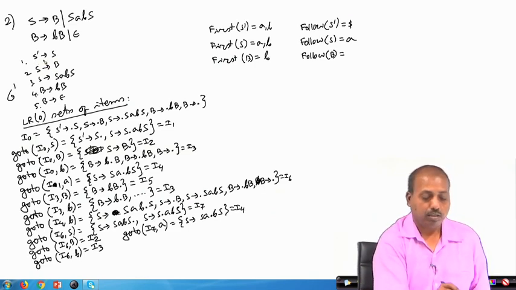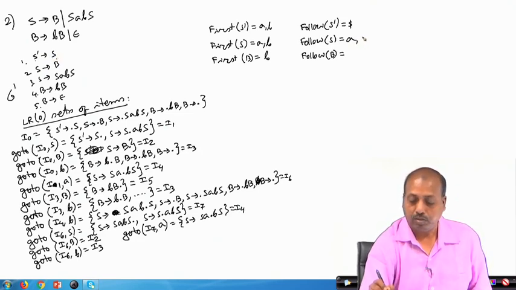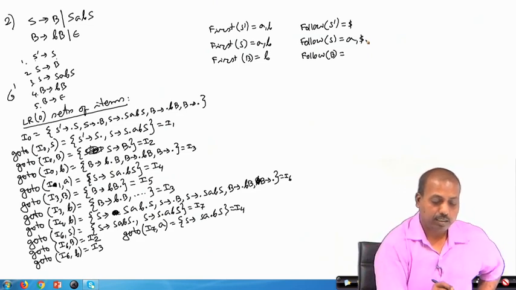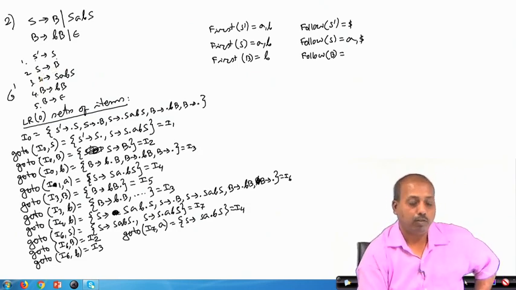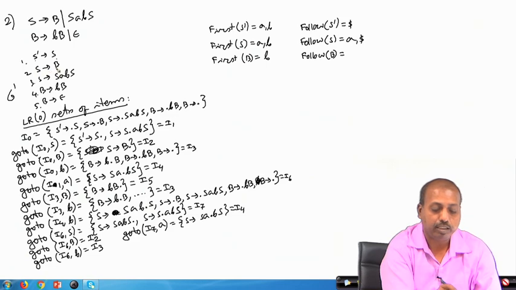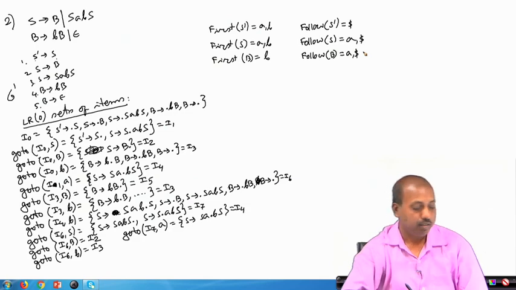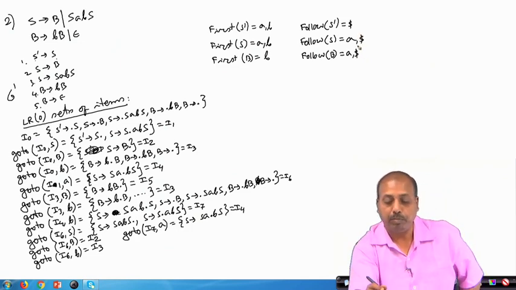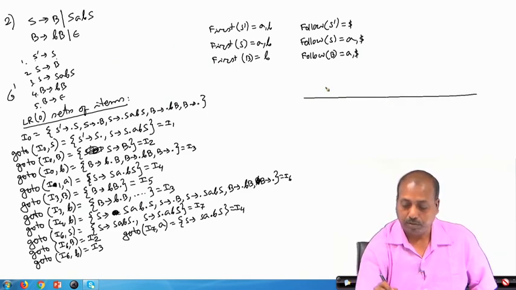And by this rule, whatever is in follow of S dash will be in follow of S, so the dollar will also come here. Follow of B: by the rule S producing B, whatever is in follow of S is in follow of B. So, follow of S has got a and dollar, so a and dollar will be there in the follow of B also. Now, you can check that no more terminal can be added to these follow sets.